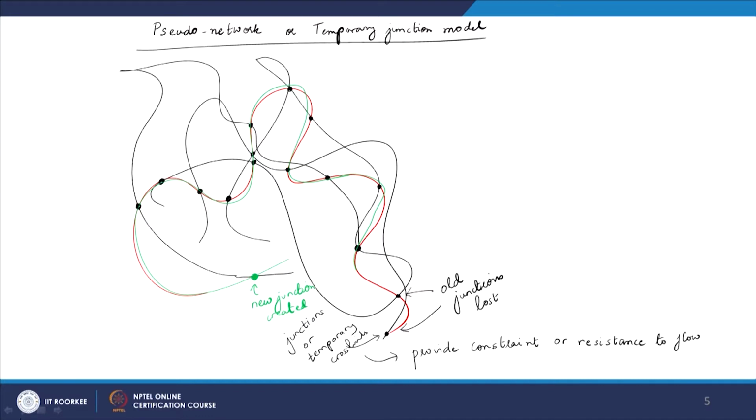So, in general, the junctions or temporary cross links are being created and destroyed with time.